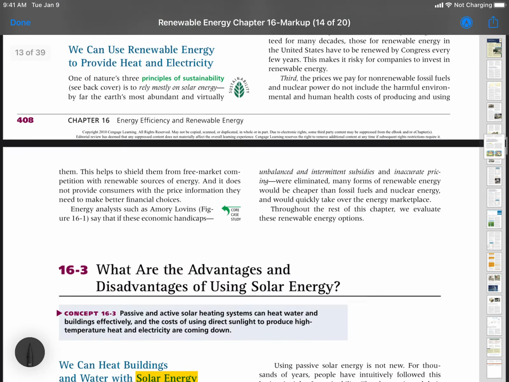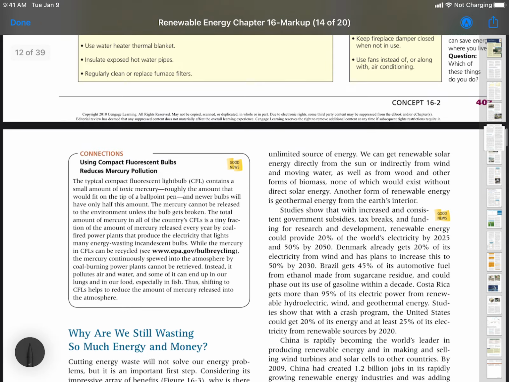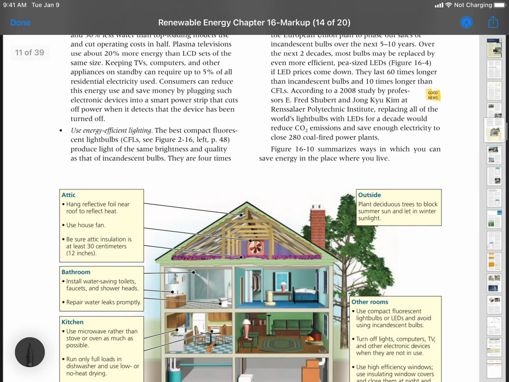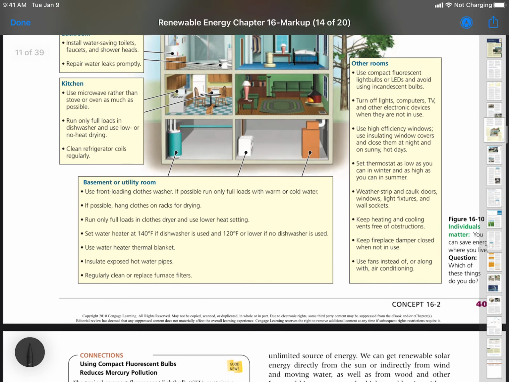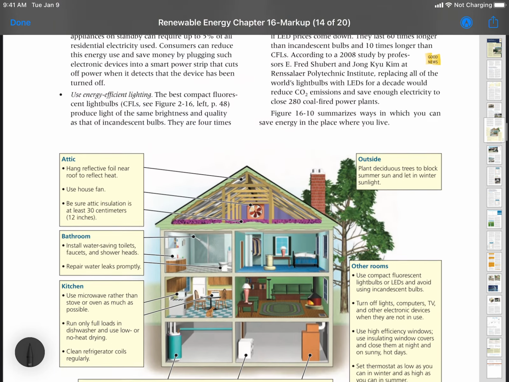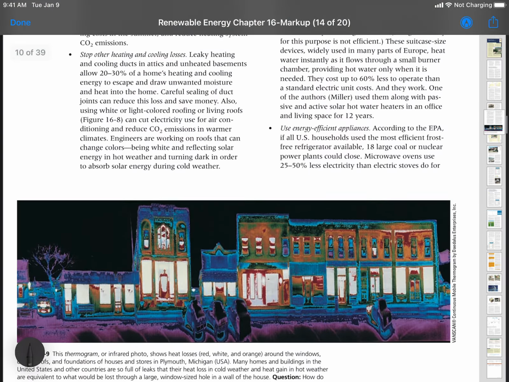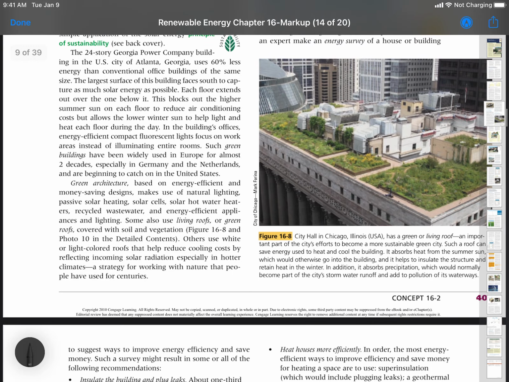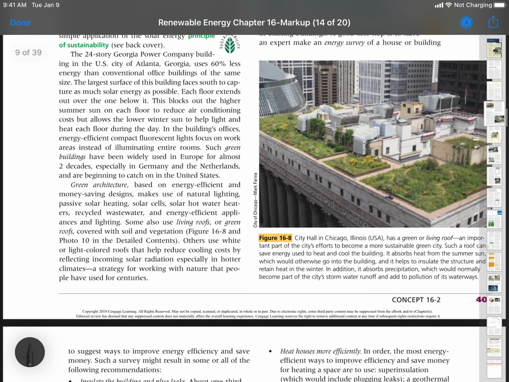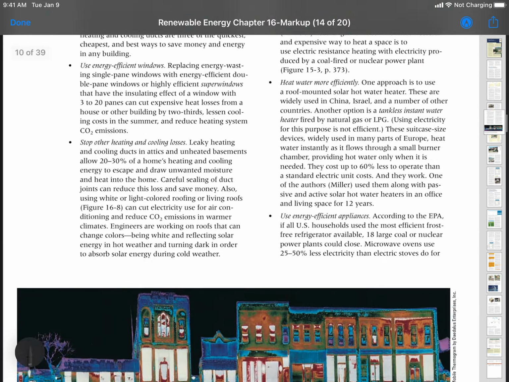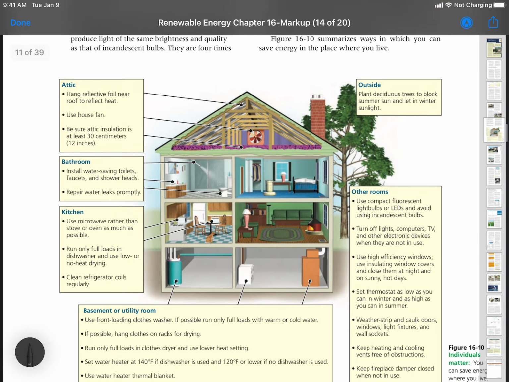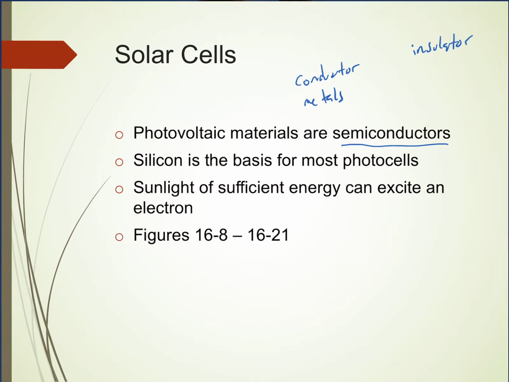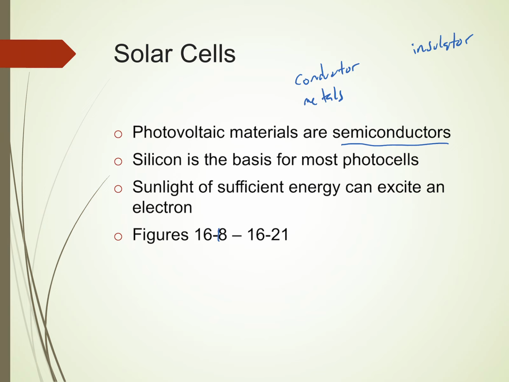It's really figures 16.18 through 16.21. Okay, take a look at those figures.